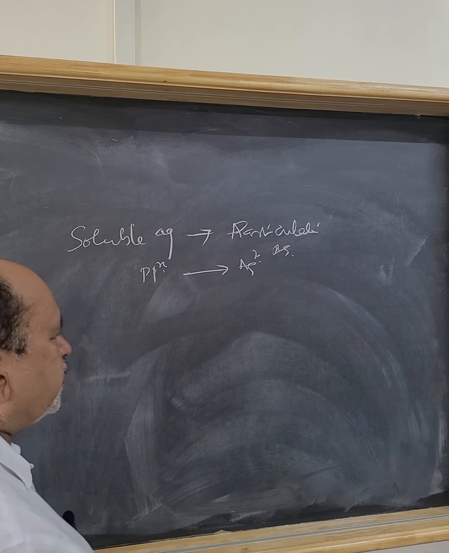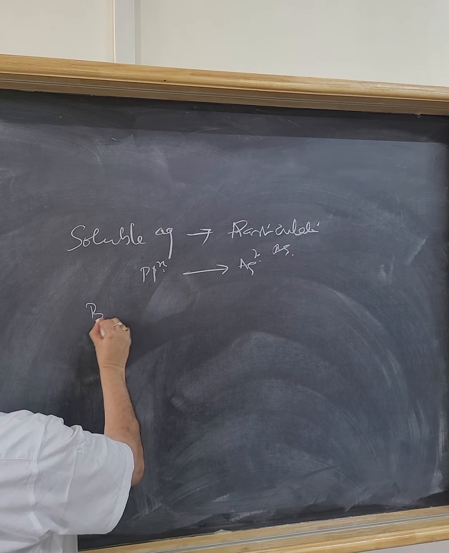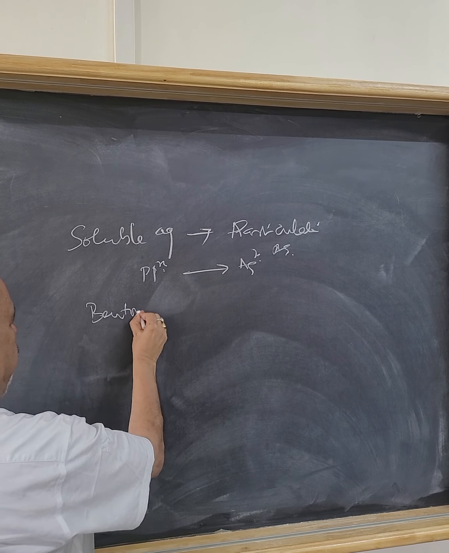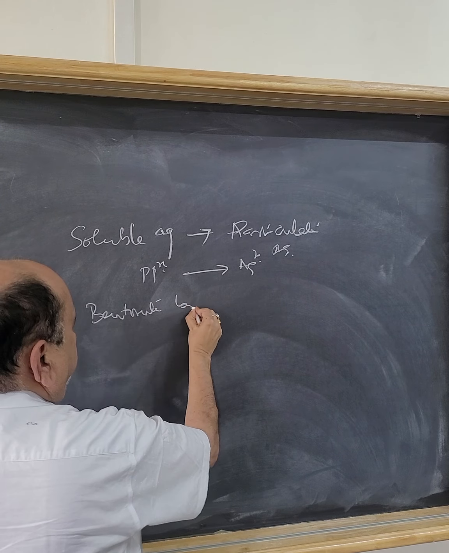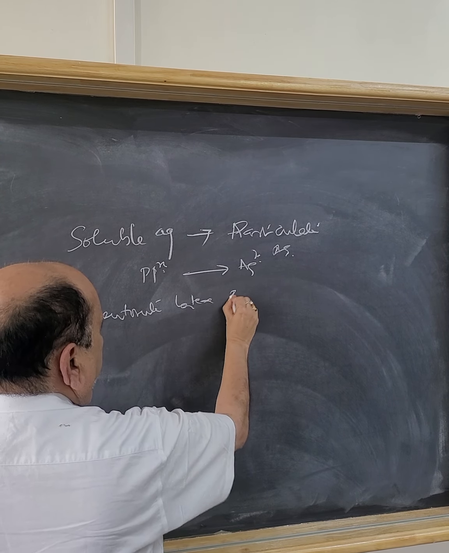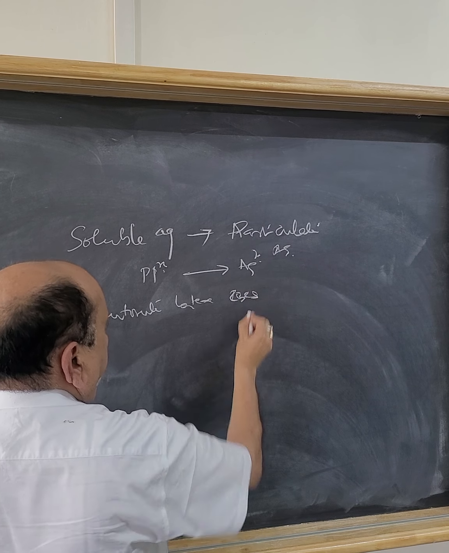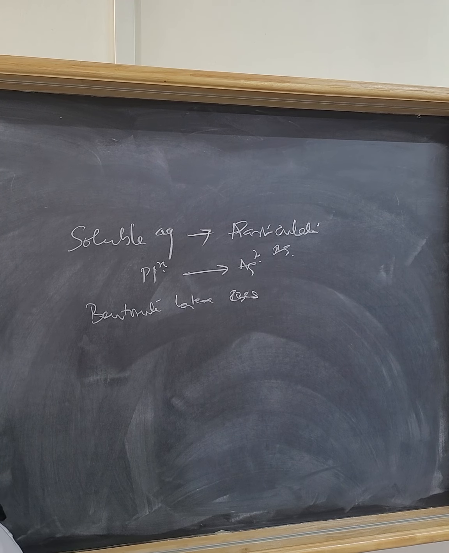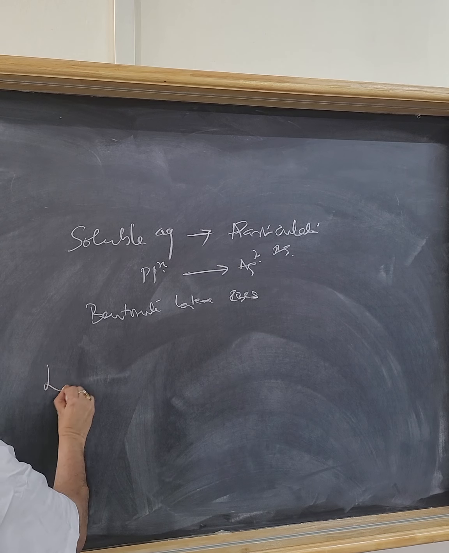Some of the inert particles that are used are bentonite, latex, RBCs. So these are also called latex agglutination tests.